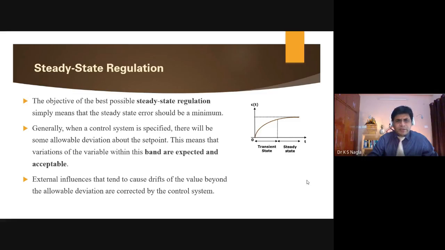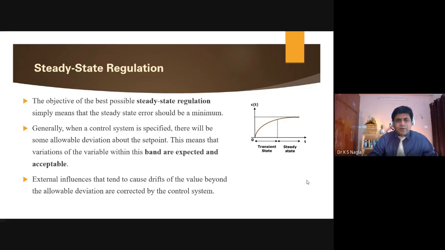Generally when a control system is specified, there will be some allowable deviation about the set point. Whenever you design a system according to its physical parameters, you are already, as an engineer, aware of how much deviation in the process is possible. So sometimes a margin is always given.